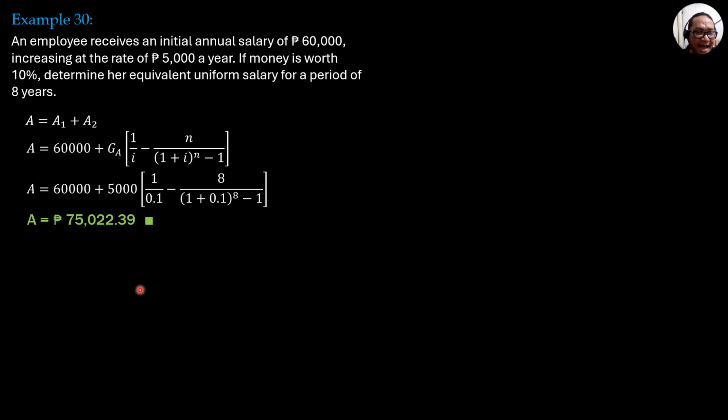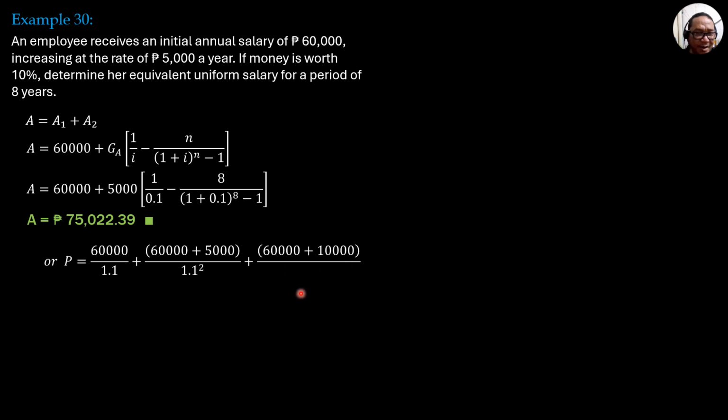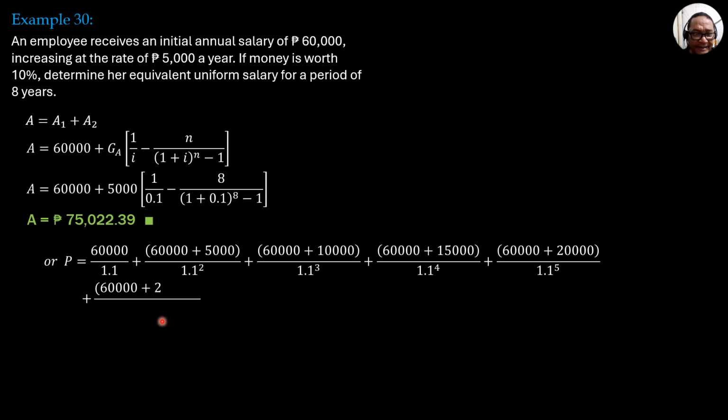So the cash flow diagram begins with 60,000 divided by 1.1 to the 1, 60,000 plus 5,000 over 1.1 squared, 60,000 plus 10,000 over 1.1 cubed, 60,000 plus 15,000 divided by 1.1 to the fourth, 60,000 plus 20,000 divided by 1.1 to the 5, 60,000 plus 25,000 divided by 1.1 to the 6, then plus quantity 60,000 plus 30,000 divided by 1.1 to the 7 plus quantity 60,000 plus 35,000 divided by 1.1 to the 8.